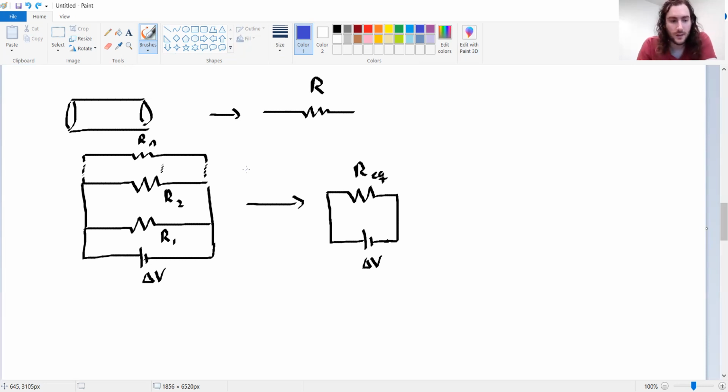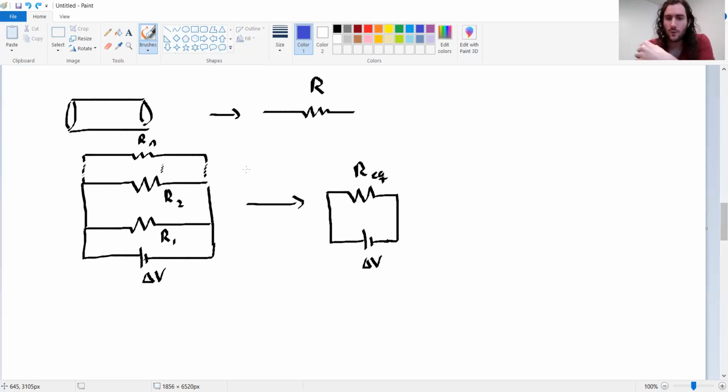The answer is no. You could add the areas, certainly, provided you had that same cylindrical symmetry for both of them, but no, I think even that's incorrect.